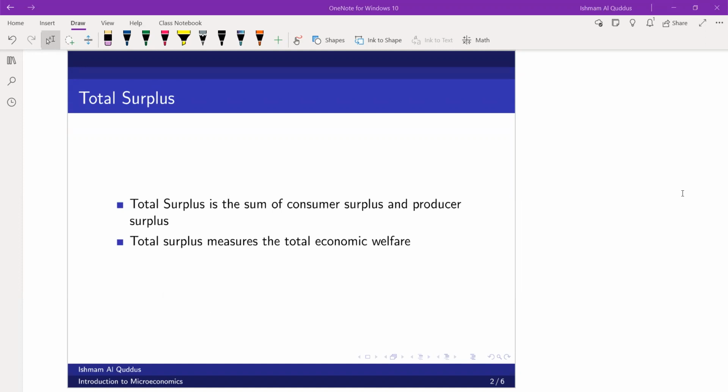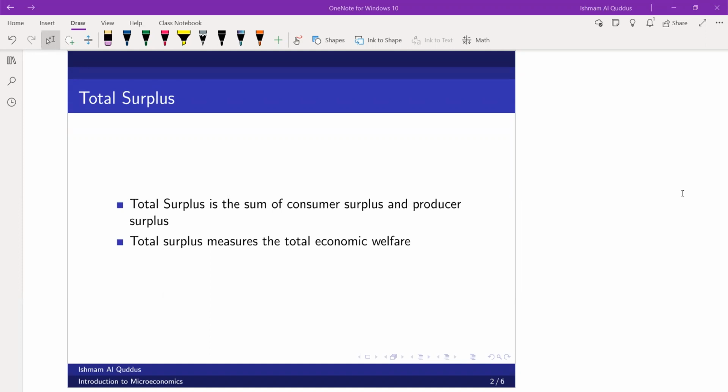Now, in this video, I'm going to show you what is total surplus, and I'm also going to show you the efficiency aspect. So starting with total surplus, total surplus is basically the sum of consumer surplus and producer surplus.